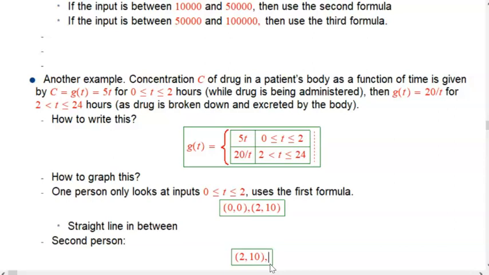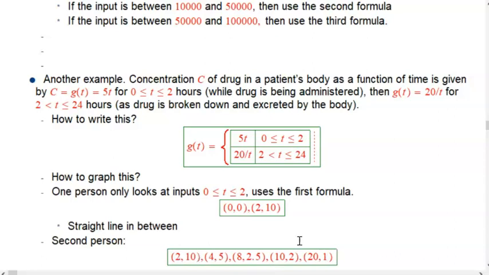And then let's say a few other ones that are easy to do: 4, 5. Let's say 8, 2.5, and 10, 2. I'm just trying to pick easy points. We could totally use a calculator for this as well. And then 20, 1.